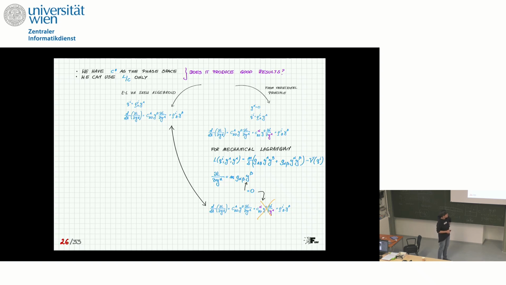So when I calculate this differential, I see that this differential depends only on those y's, and since those y's are zero because I am along the constraints, it means that this differential is zero. So if this differential is zero, then in practice I don't have this part, and I can cancel it. And then I obtain exactly the equation that I would get using this skew algebroid structure.